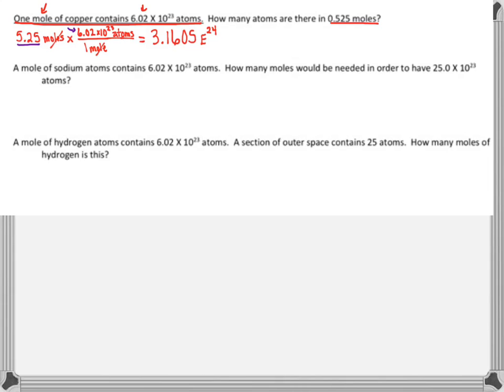Our equality also has 3 significant figures, which means that our answer must have 3 significant figures. Here they are. Here's a doubtful digit, number 6. The 0 does not affect the 6 at all, so my answer really should be 3.16 E, or times 10 to the 24th atoms.